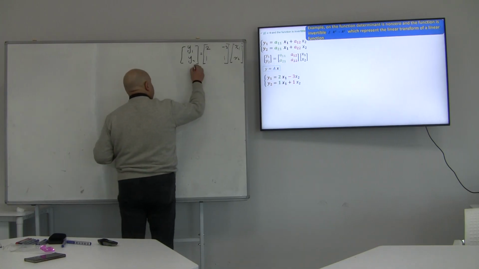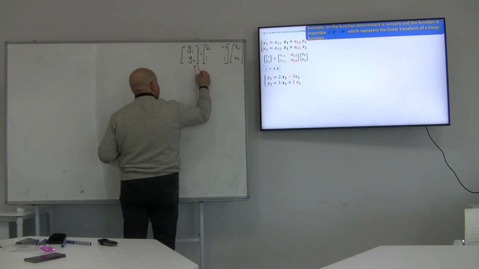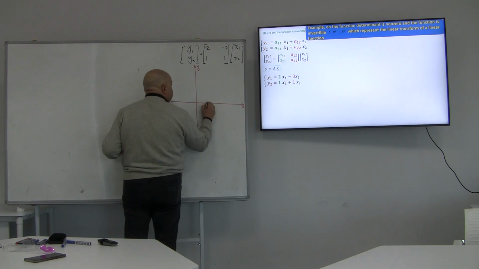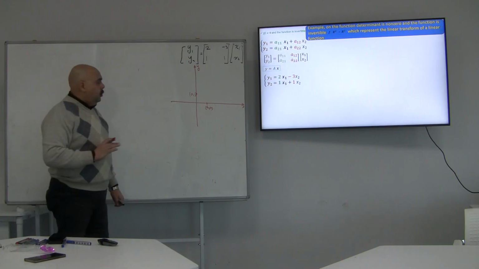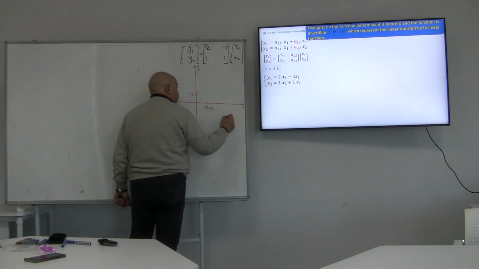All I have to do is see that this is the y-axis and that is the x-axis. I will choose the point 1, 0, and I will also choose the point 0, 1. These 2 points are really very good examples, because once you connect 0, 0 and 1, 0, it will give you the positive direction of the x-axis.